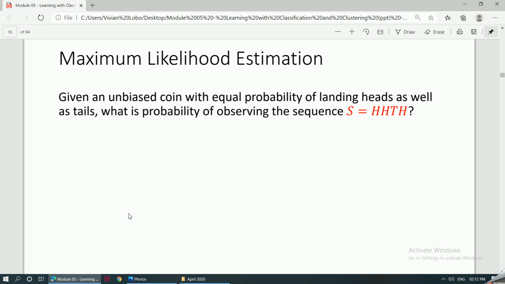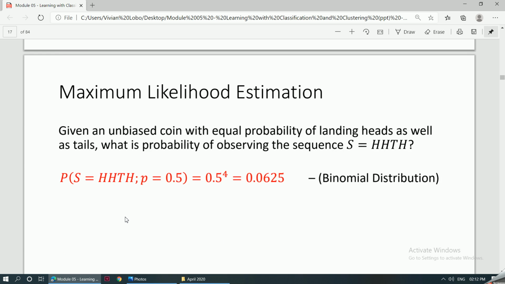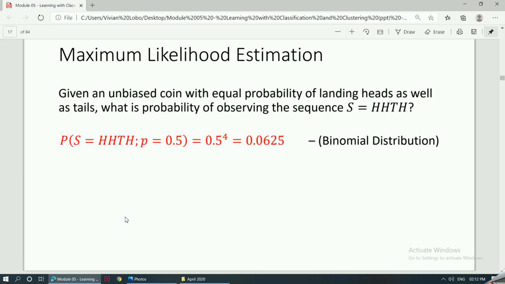So let us see how we apply maximum likelihood estimation. The distribution over here is a binomial distribution because it is an unbiased coin and it is given that the occurrence of head and tail is equal. So the sequence is given and P stands for the probability of head to occur.